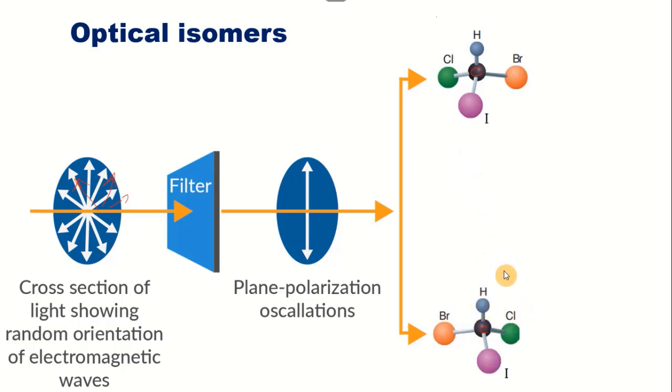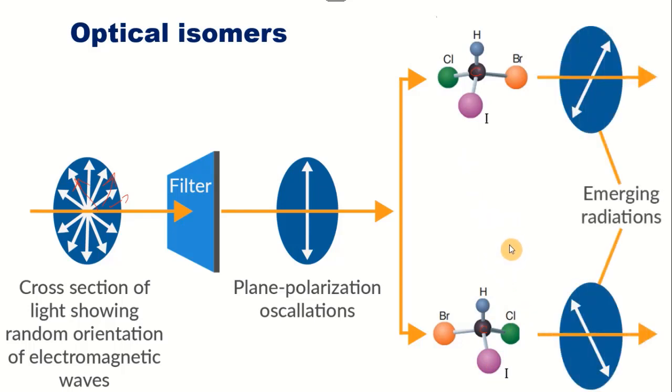So both are the same molecule, but what happens when plane polarized light passes through each of them? One can rotate plane polarized light clockwise and the other will rotate the same plane polarized light anti-clockwise.